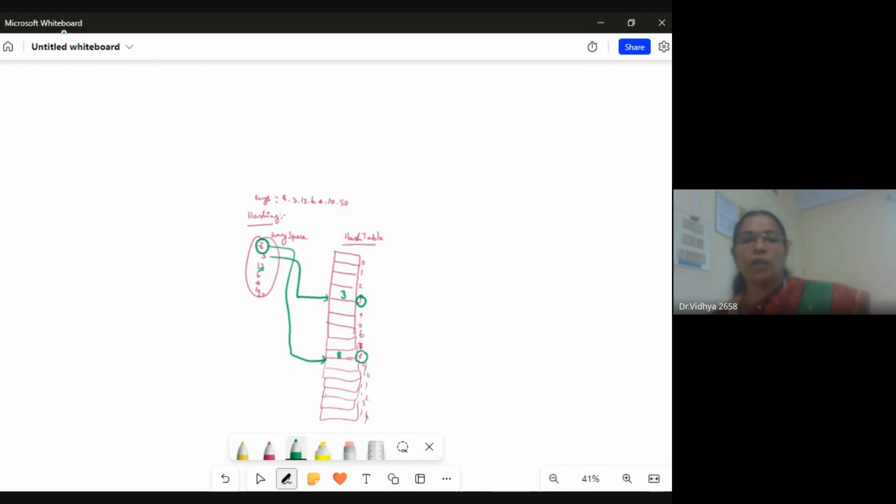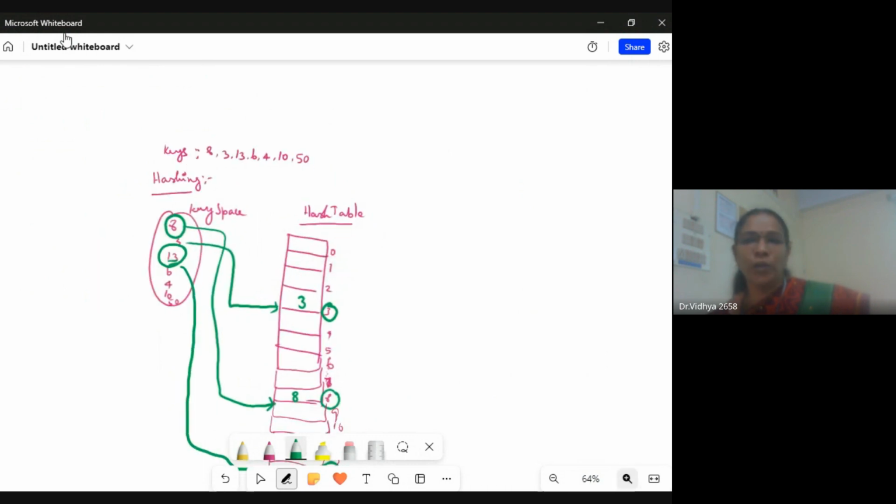So what will happen now? The element 13 will be placed at the location where we have index 13. Are you all able to view this clearly? In such a manner, the elements are moved to the location of their value as an index. 6 means at index 6, the element is stored.